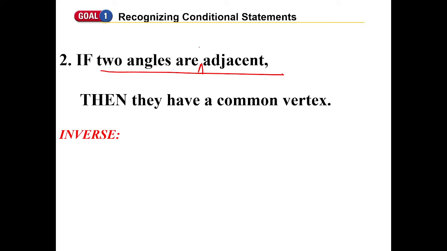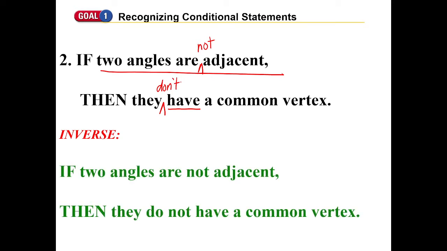Okay, let me write that down. Sunod, unsa man ni pag-negate si have? Verb naman na. Okay, asa ibutang ang don't? Before. So, atong answer diri ani is this. If two angles are not adjacent, then they do not have a common vertex.